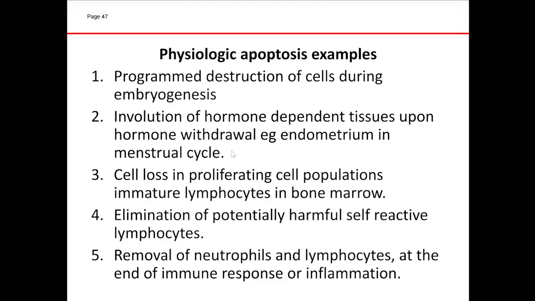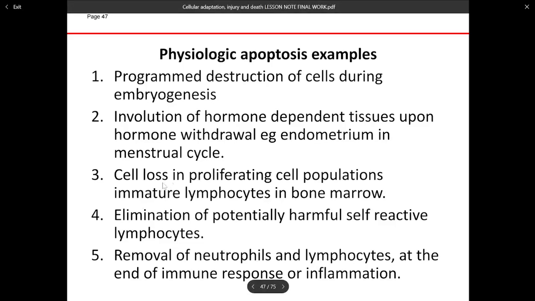During the menstrual period of a reproductive female, when that cycle fades away and there is a reduction of the hormone within the bloodstream, the endometrium shrinks back to its normal size. So that's just what it's saying.